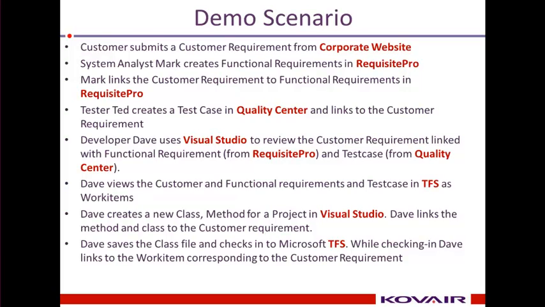Then he will create the class, methods and projects sitting in Visual Studio and link those things with a customer requirement, basically saying that to implement the customer requirement, I need this method, I need this class, etc. And also he will check in that particular class file in TFS.